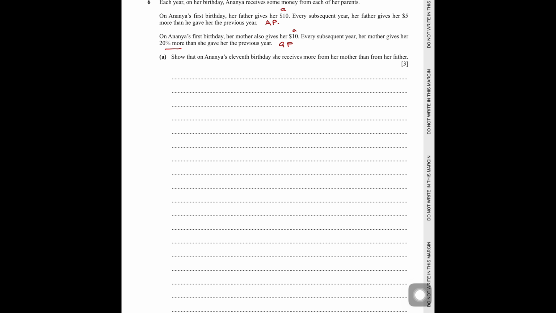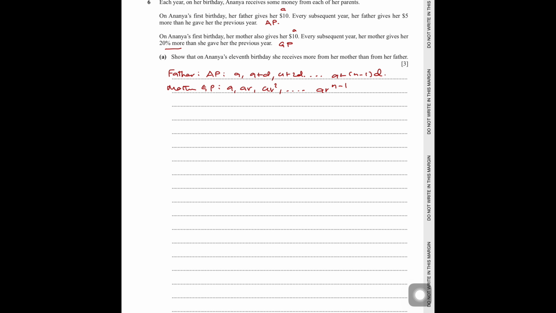All right, let's try. So from father, AP: A, A plus D, A plus 2D, A plus n minus 1 times D. These are the terms. And mother, GP: A, AR, AR squared, AR to the n minus 1.